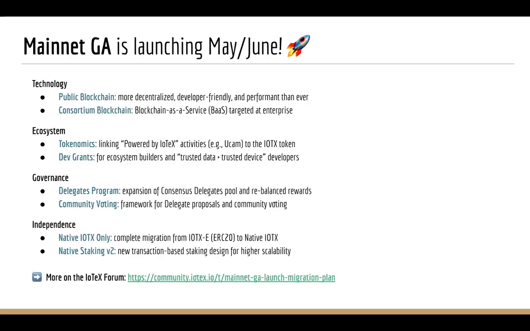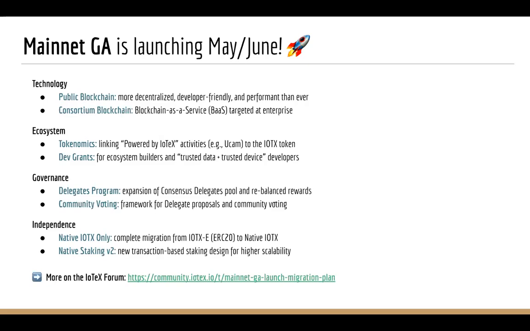On the governance side, we're expanding further the consensus delegates pool and also rebalancing some rewards. I've seen even Metanyx and Public Payments earlier this morning discussing the balance of fixed and variable rewards in the network, meaning the epoch bonus rewards and the block rewards.